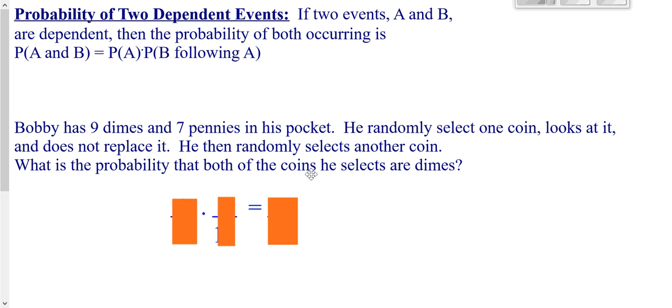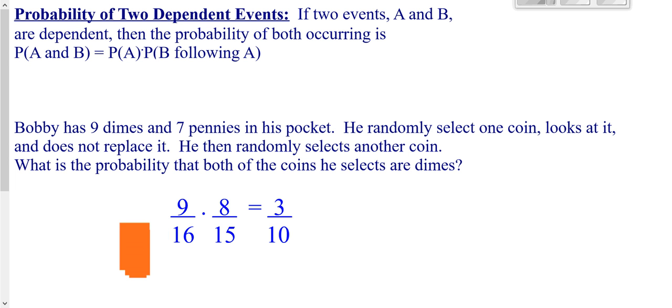So getting 2 dimes, there's still 9 dimes out of 16. But because 1 dime is already used here, there's only 8 dimes left, and because 1 coin was already pulled out, there's only 15 coins to choose from. When we multiply that out, we get 3 tenths.